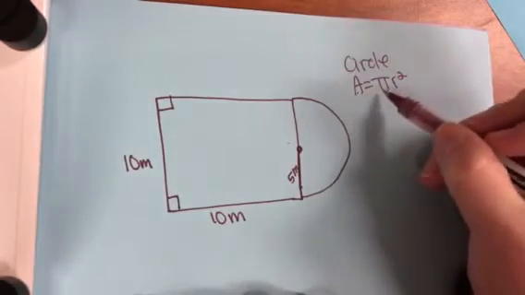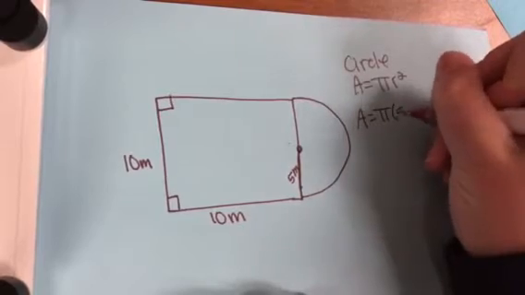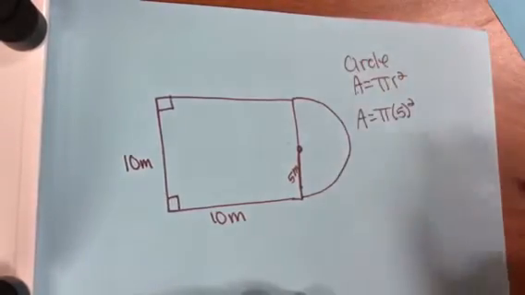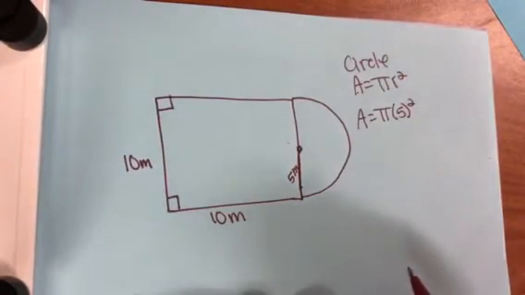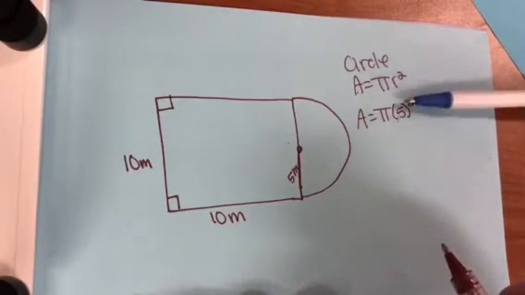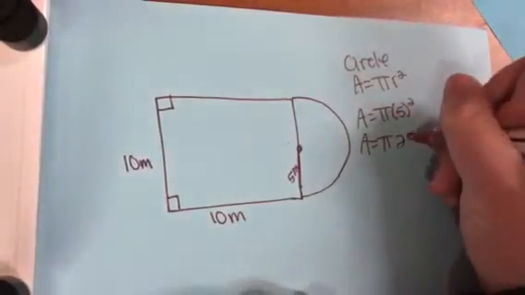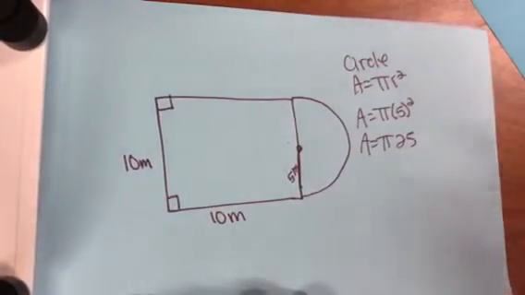So we know the area equals pi times 5 squared. And what is 5 squared? It's 25, because it's not 5 times 2, it's 5 times 5. So area equals pi times 25. Pi's value is 3.14, and that's its estimate.